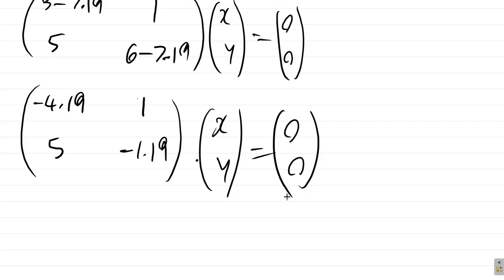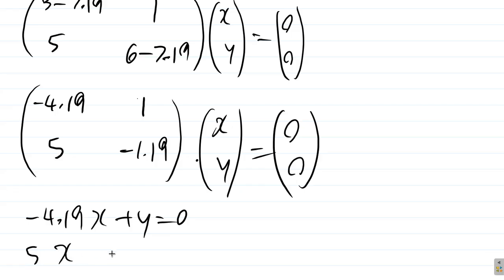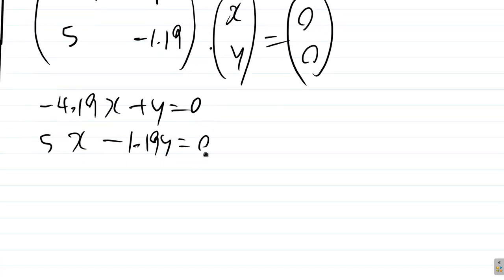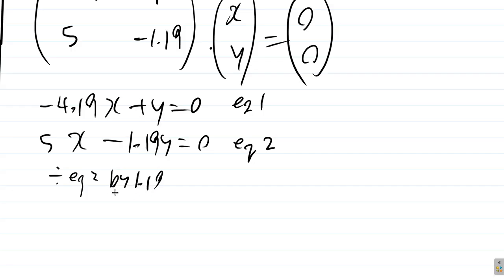So here now, negative 4.19 times x plus 1y equals 0, and 5x minus 1.19y equals 0. Let's call this equation 1 and this equation 2. They should be the same, but let's divide equation 2 by 1.19 and see what happens.